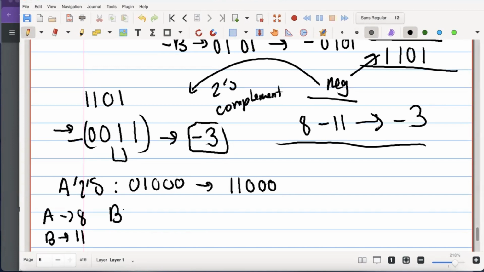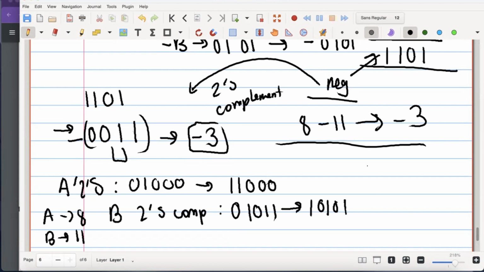For B, we're gonna do the 2's complement. B is 11. What did we say 11 was? 11 is 1, 0, 1, 1, right? Now we're just adding an extra 0 because we're working in 5 bits. We're gonna take the 2's complement, which is gonna be 1, 0, 1, 0, 1.